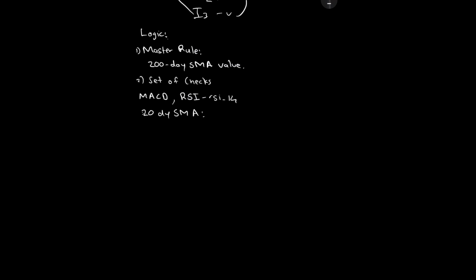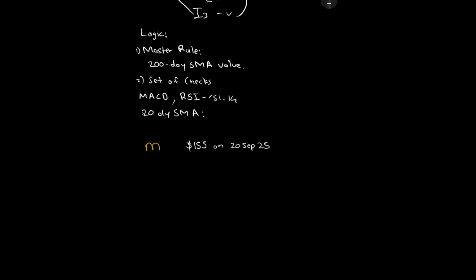To understand the logic and the consensus part better, let's take an example. Let's say we want to trade McDonald's, and the trading price for McDonald's is $155, which is its closing price on 20th September 2025.